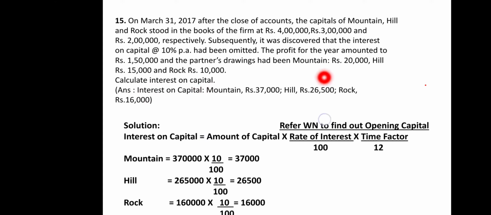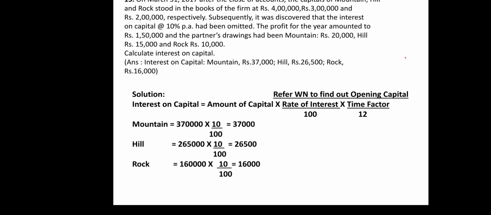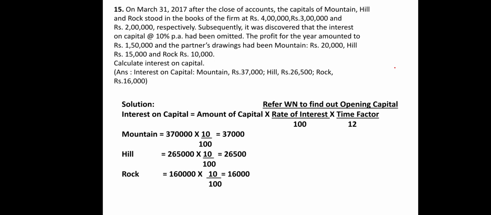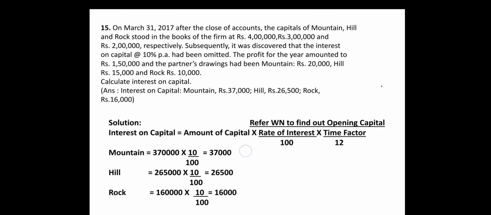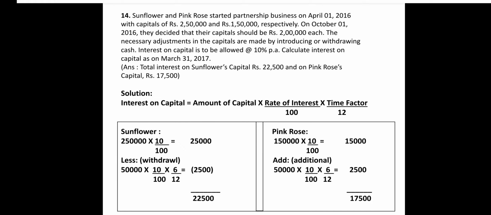So in this sum also they had mentioned here that this is what closing capital after the close of accounts. Now I want to highlight one more thing, like you can see in the previous sum, it was given like on April 1st, 2016.